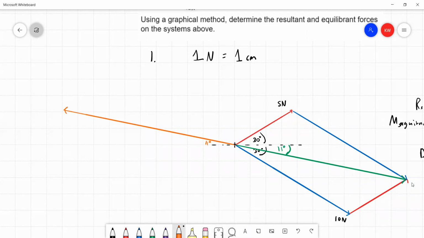So for question 1, that's how we find a resultant, the green line, which would be the effect of the two forces added together, and how we find our equilibrium, that's the orange line, which would be the force required to make sure there was no overall force in the system. And of course, we can say this too would be 13.2 Newtons. It's just the exact opposite force to the resultant.